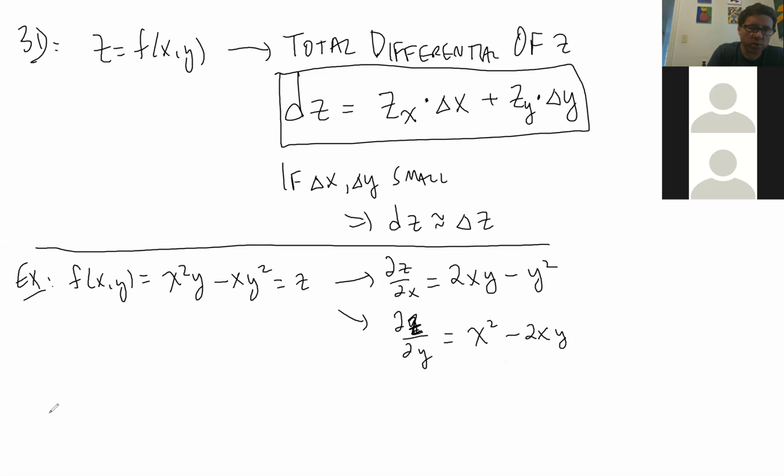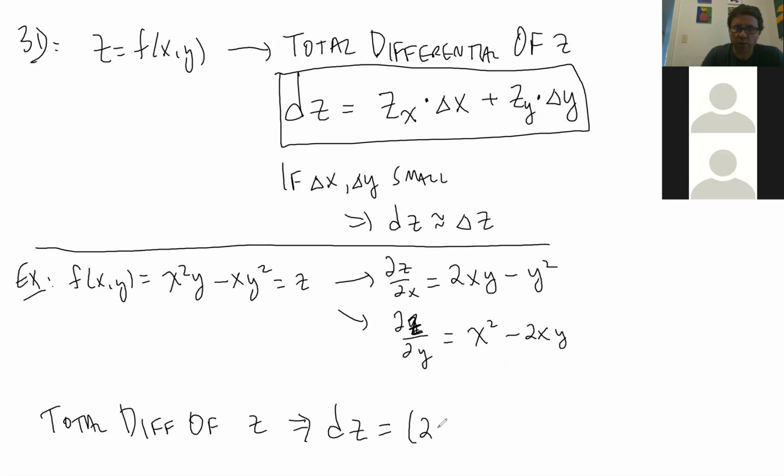So the total differential of z is dz, and it's just the partial derivative with respect to x times delta x, plus the partial derivative with respect to y times delta y.